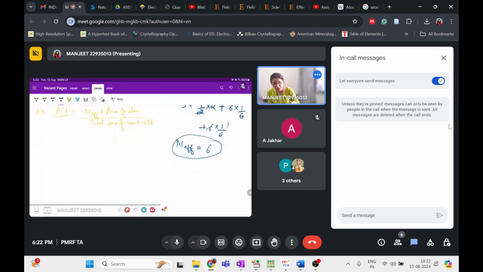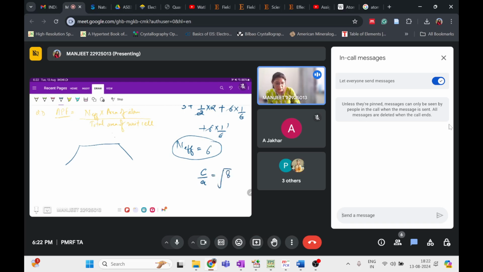Now we have the hexagonal at C. You all know that for the hexagonal, my C by A ratio, that is the height versus A, the side of the hexagon, is root 8 by 3, that we have done in the classroom.